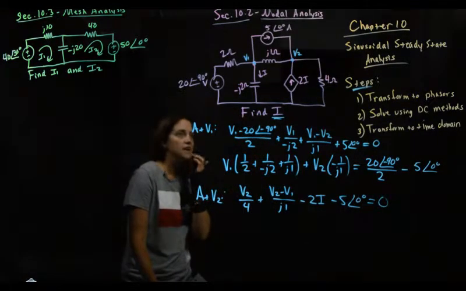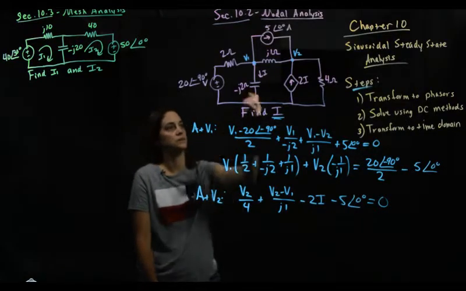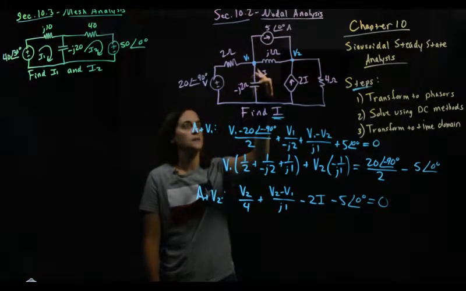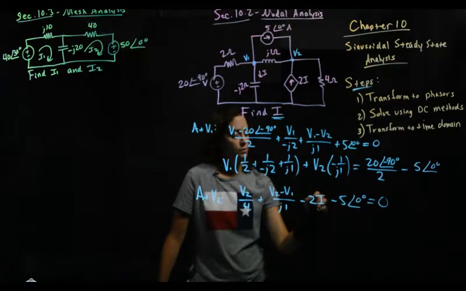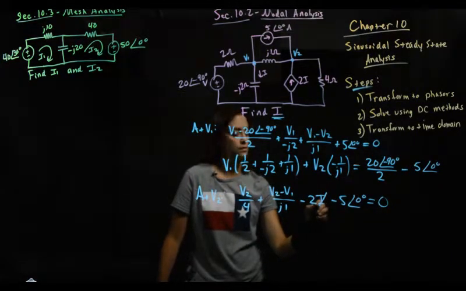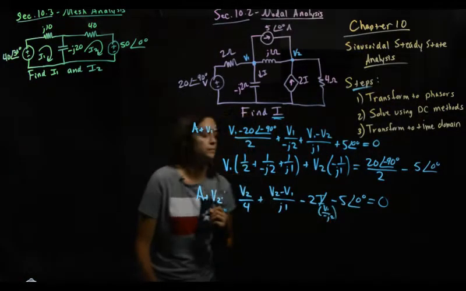So I have this I in here, and I need to find my I. It's right here. I is equal to V1 over minus J2. So I can replace my I with V1 over minus J2. There we go.